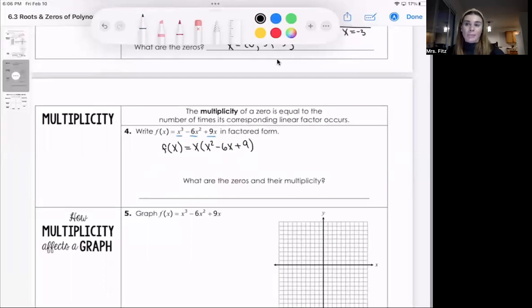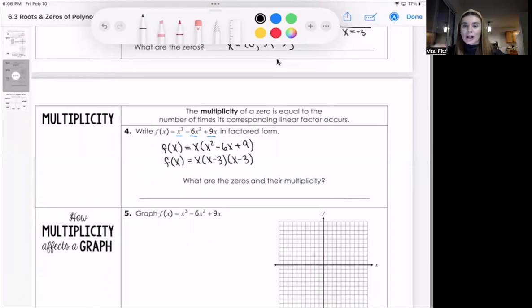We're looking for 2 numbers that multiply to 9 and add to -6. Well, -3 and -3, right? -3 times -3 is 9, and -3 plus -3 is -6. So this equals x times x minus 3 times x minus 3.